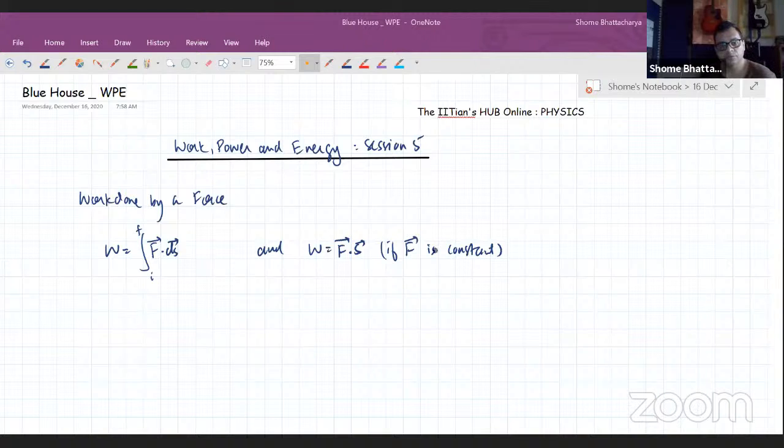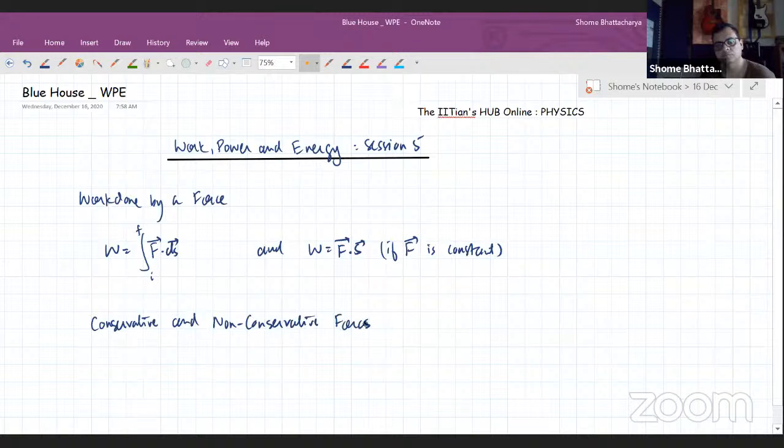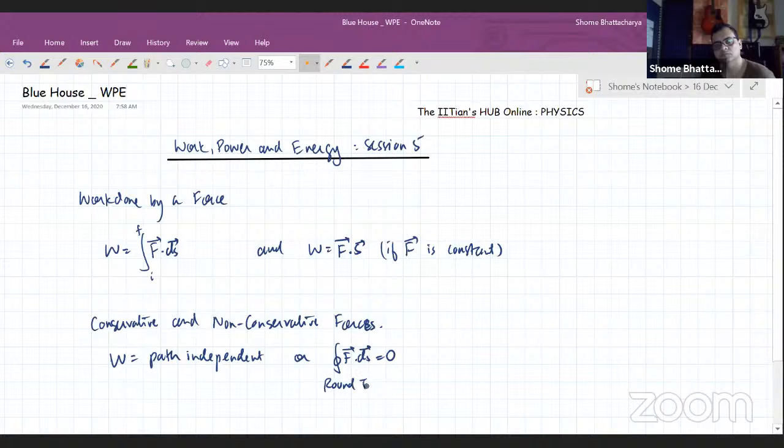Then we saw the concept of conservative and non-conservative forces. So we saw if the work done is path independent, or if the work done in a round trip is zero, that means that the force is conservative.